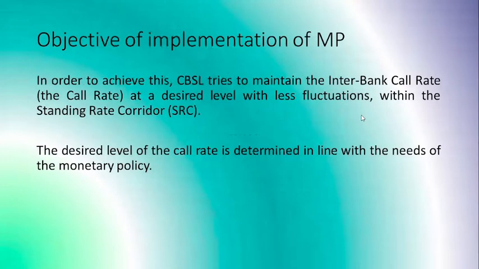In order to achieve this, the central bank tries to maintain the interbank call rate, or the call rate, at a desired level with less fluctuations within the standing rate corridor known as SRC. The desired level of the call rate is determined in line with the needs of monetary policy.